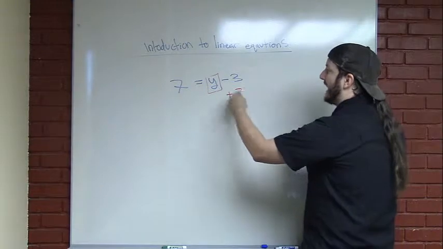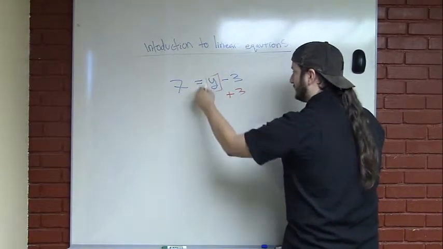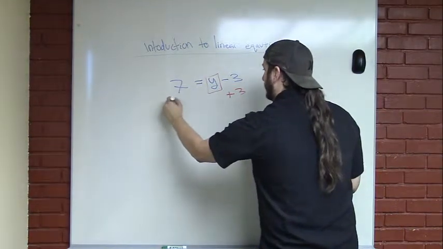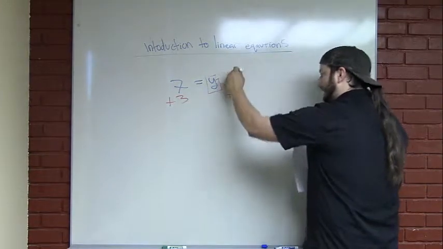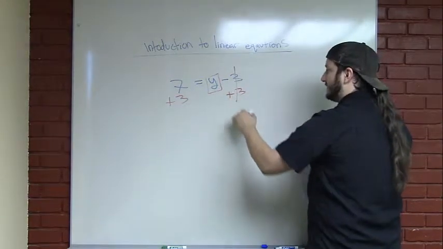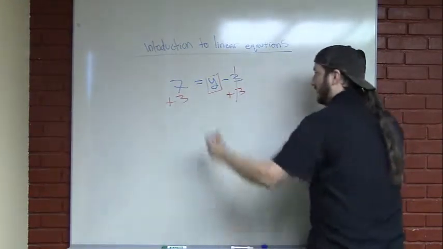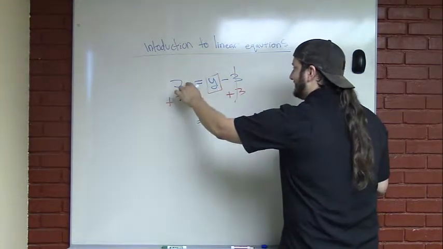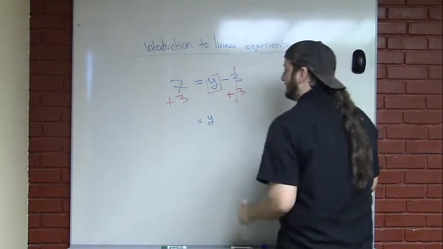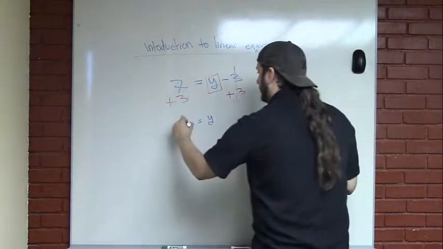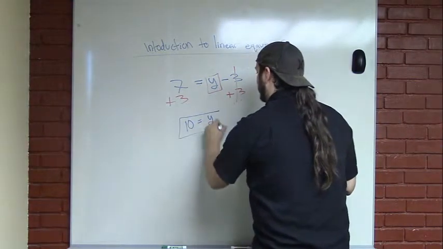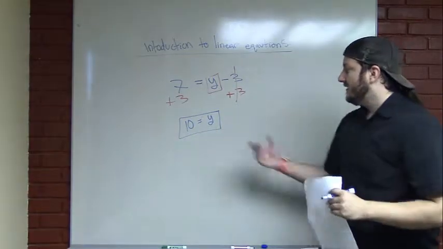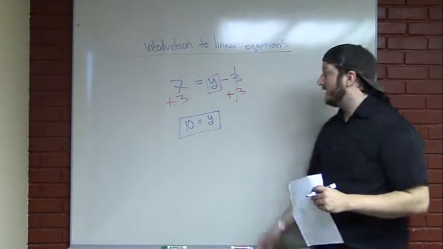So if you add it here, you have to add it to the other side of the equal sign. So plus 3. These cancel because negative 3 and positive 3 are opposites. So on this side, you have y equals 7 plus 3, which is 7, 8, 9, 10. Y equals 10. And there you go.